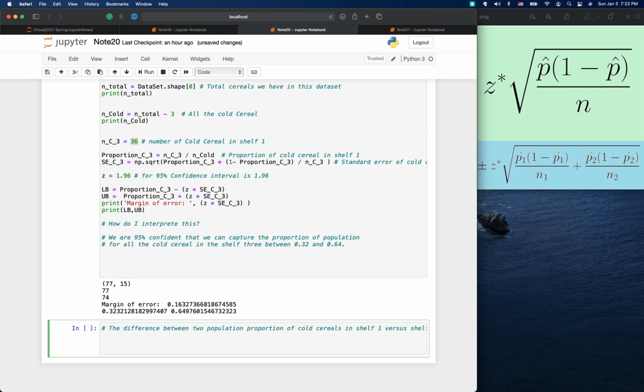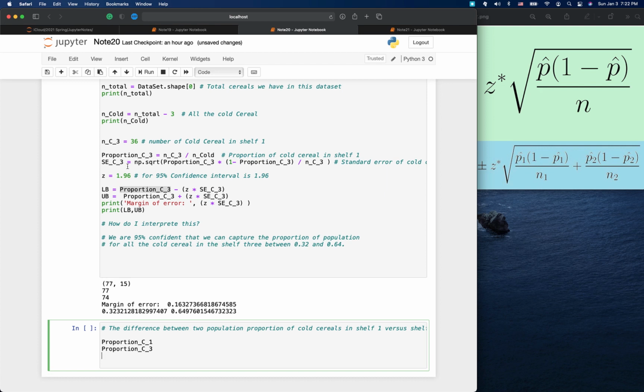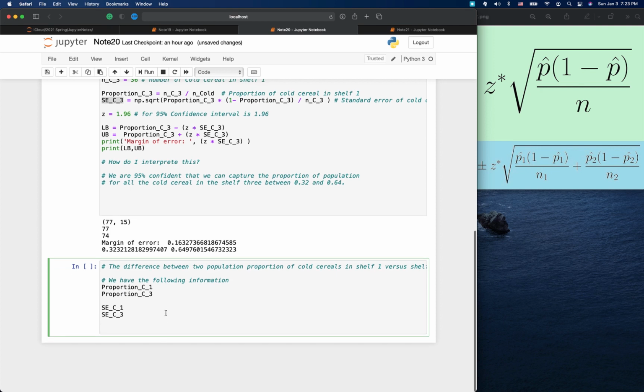So we have some information. We have the proportion of cereal in shelf 1, in shelf 3. We have a standard error for shelf 1, standard error for shelf 3. We have this information, right?